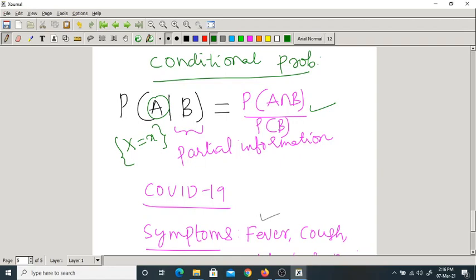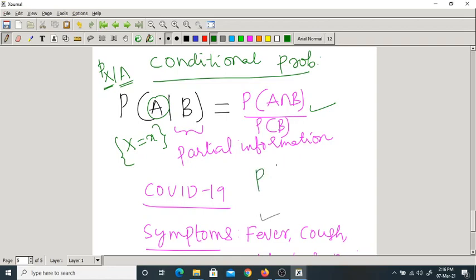Now, here A and B were two events, but here we have one event and one random variable. So that is the logic. That's why we have written P of x given A. X is a random variable, A is an event. Now what have you written here?